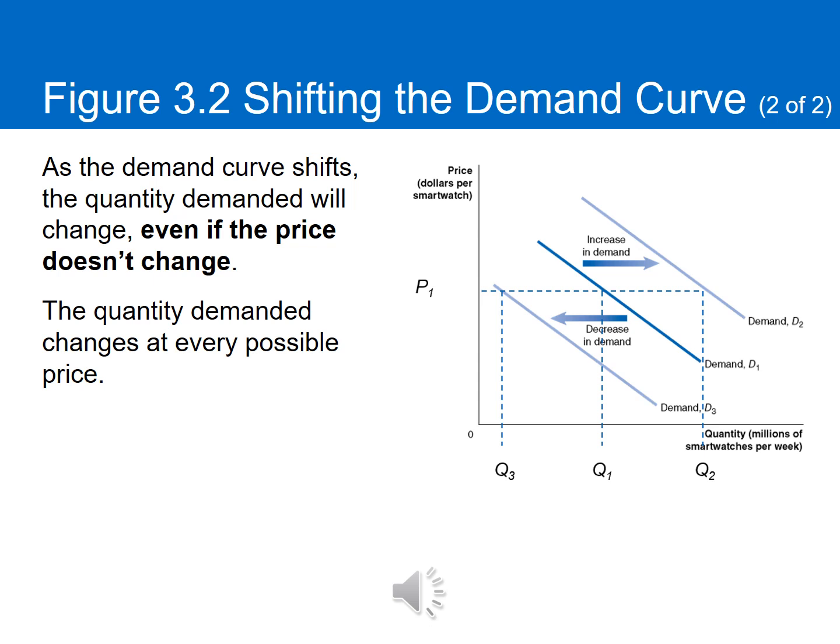Likewise, if the demand decreases, so the demand curve shifts from D1 to D3, at that price P1, the quantity demanded for the first demand curve is still going to be Q1. But the quantity demanded at the new demand curve D3 is going to be Q3, much lower. So again, at the same price, if there's a decrease in demand, we're seeing a lower quantity demanded.